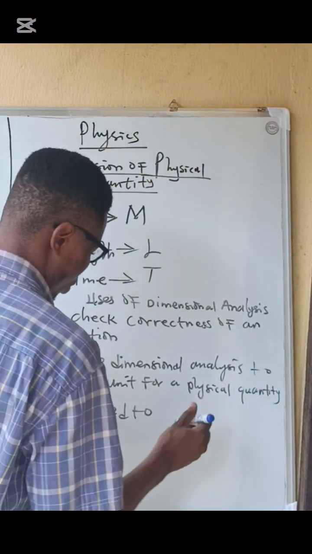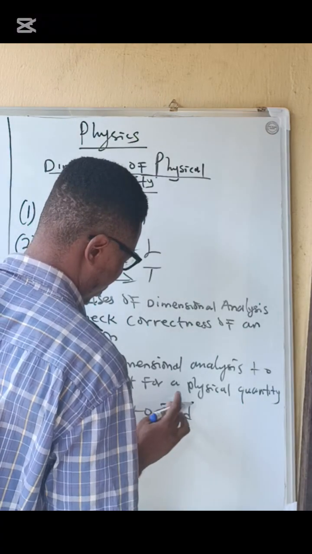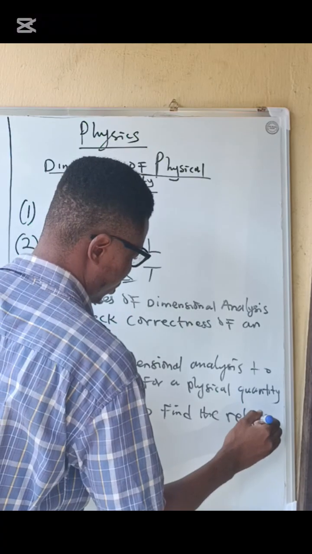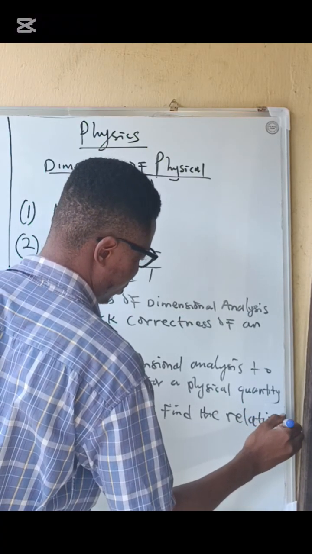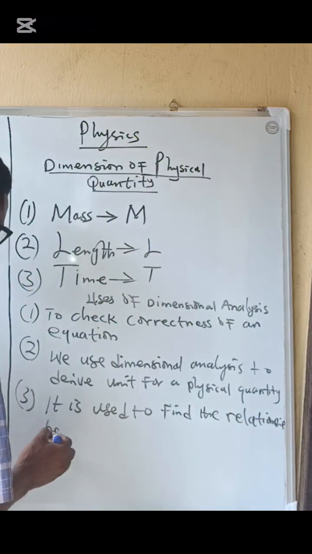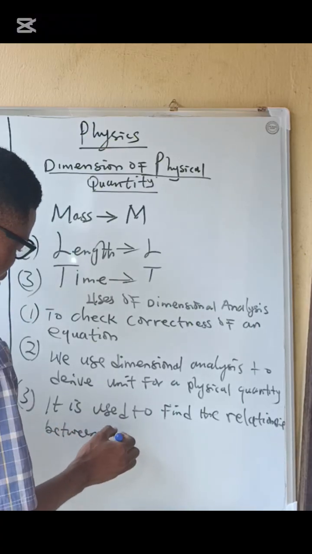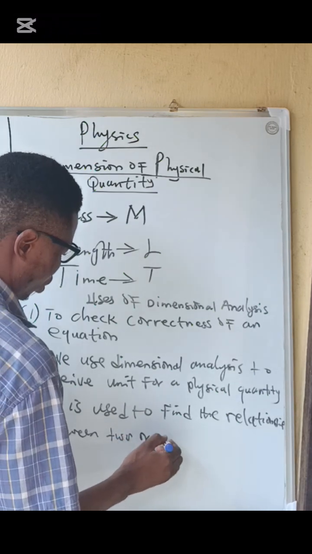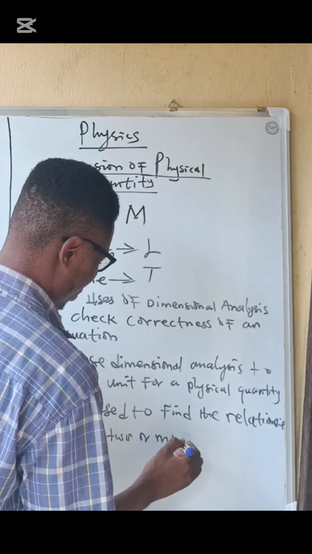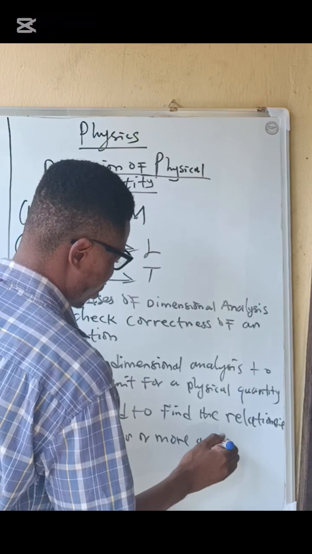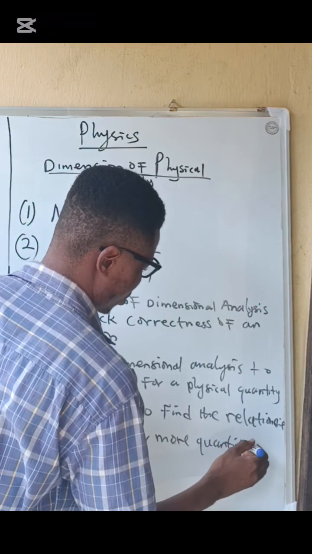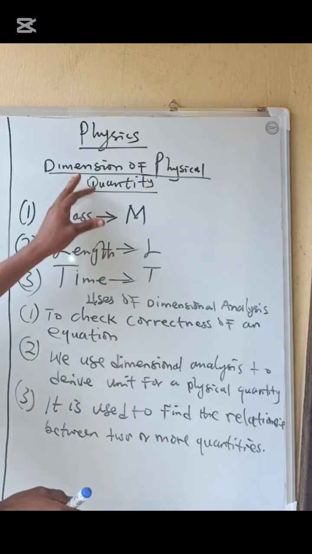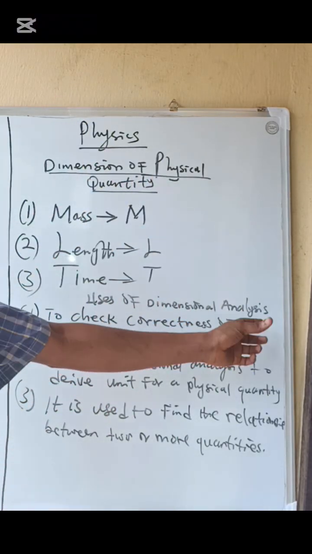It is used to find the relationship between two or more quantities. So this is why we study dimensional analysis. That is dimension of physical quantity. You can call it dimensional analysis.